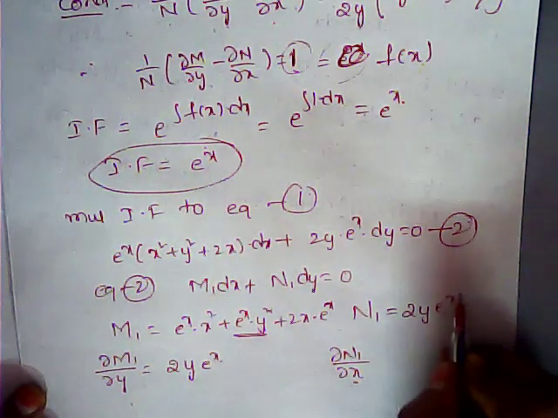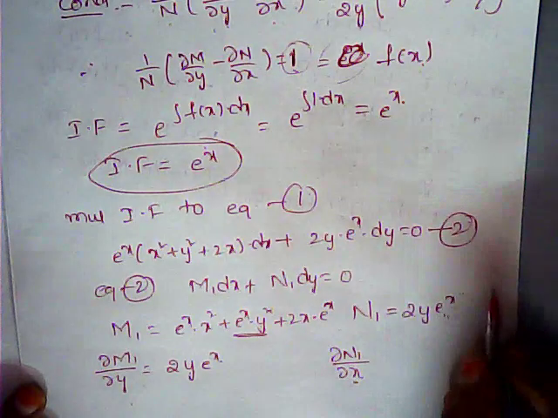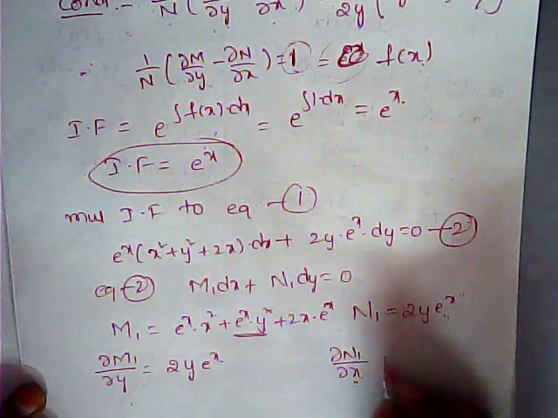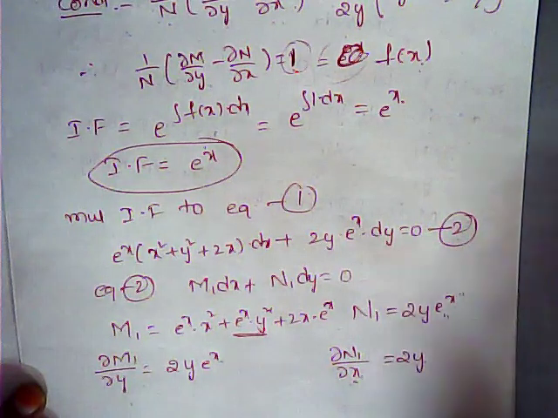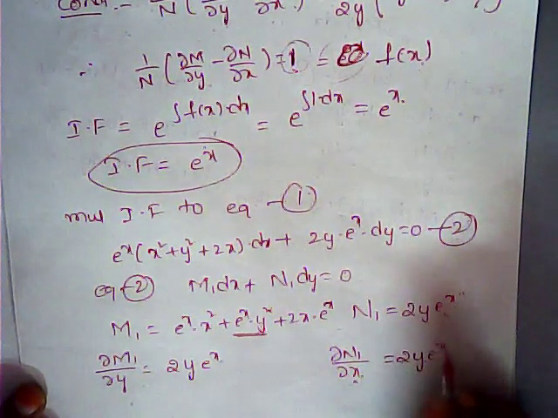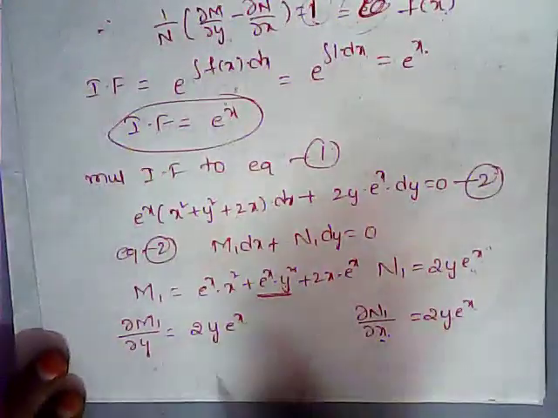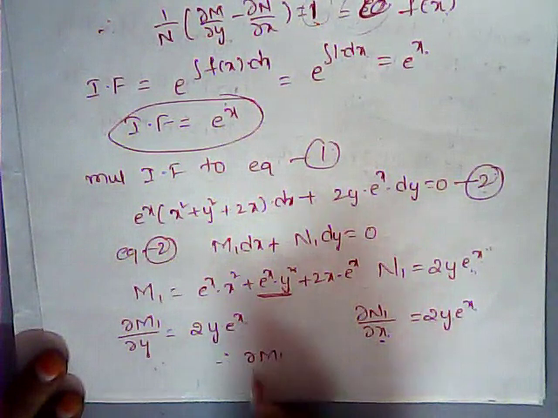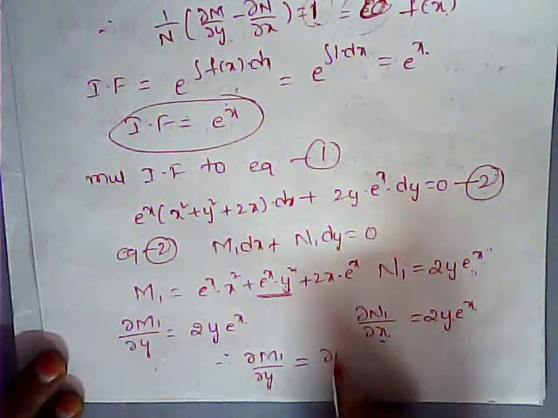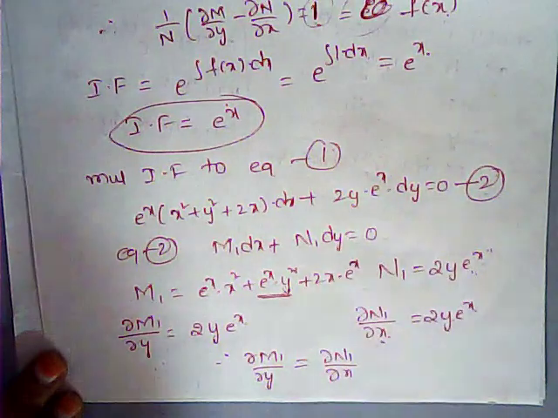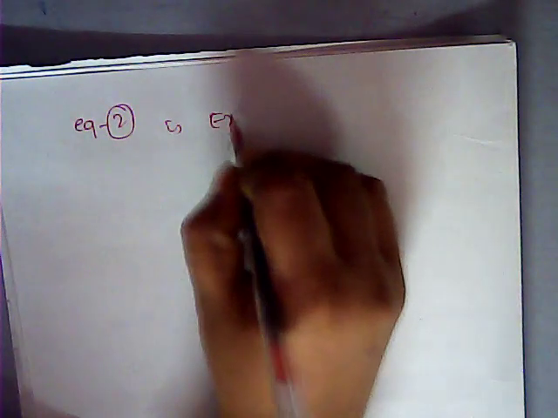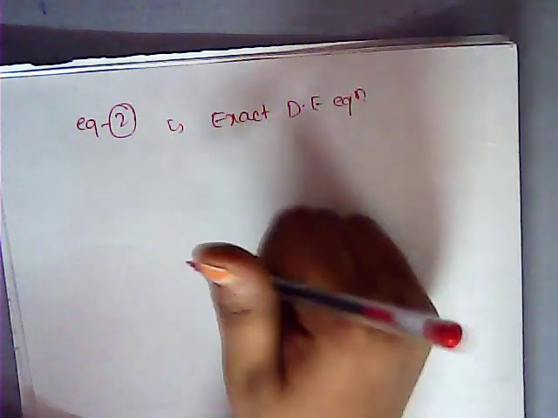What is the x term here? e power x. The differentiation of e power x is e power x only. So you will get 2y e power x only. So you can see, dou M1 by dou y is equal to dou N1 by dou x. Since both are equal, equation 2 is an exact differential equation now.